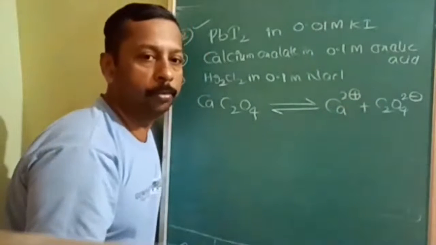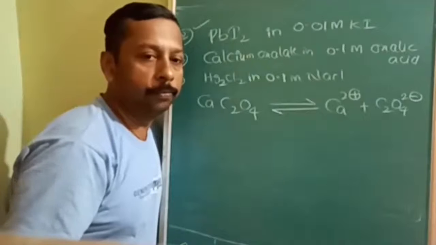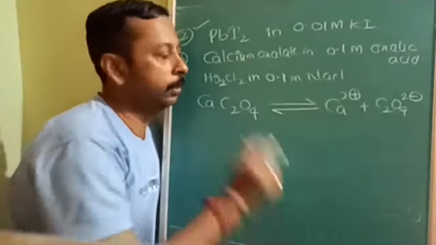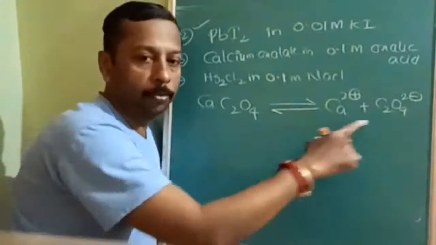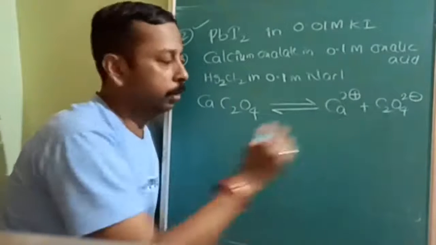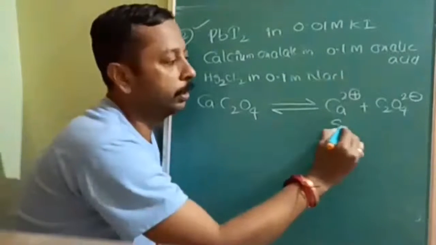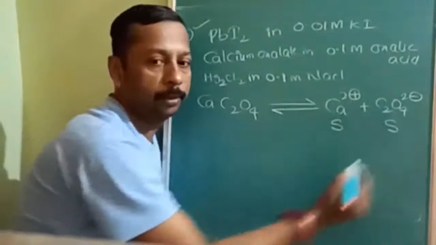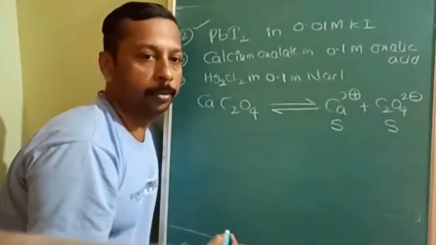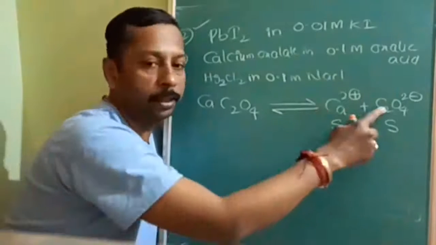C2O4 2 minus is a complex ion. Now, calcium 2 plus and C2O4 2 minus. Is that understood? The solubility will be S and the solubility will be S, because the coefficient is 1.